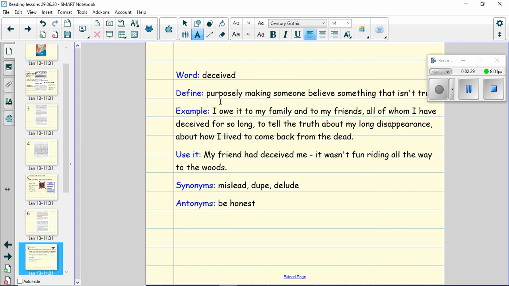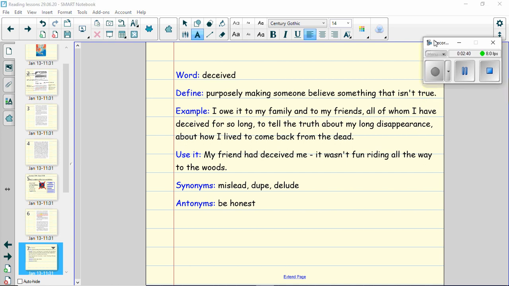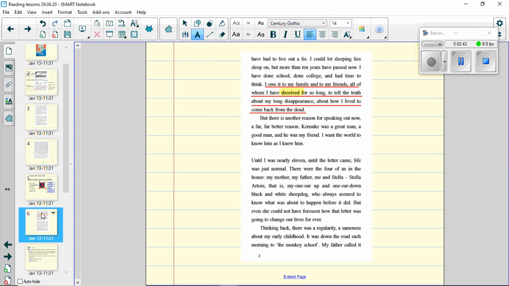So I have written my word deceived there, and now when I'm thinking about what it means, I have put purposely making someone believe something that isn't true. So what I did is I read around it. So it says, I owe it to my family and to my friends, all of whom I have deceived for so long, to tell the truth about my long disappearance.